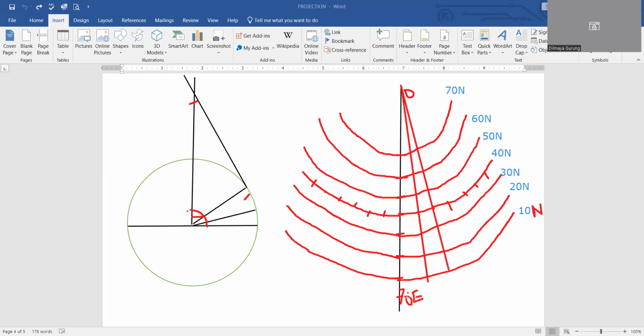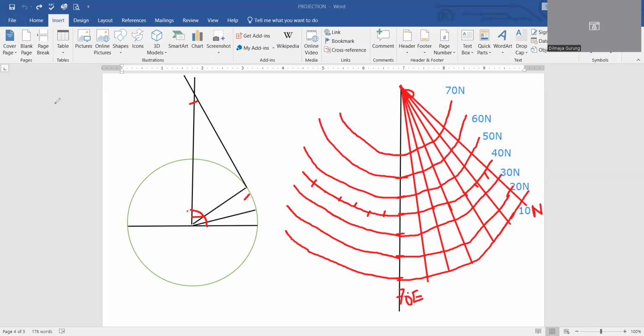If this is 70 degrees east, on the right it will increase, so it is 80 east, this is 90 east, then 100 east, then 110 east, then 120 east, and the last one represents 130 east. Done. If your line is going outside, no problem, let it go. Nothing will happen.